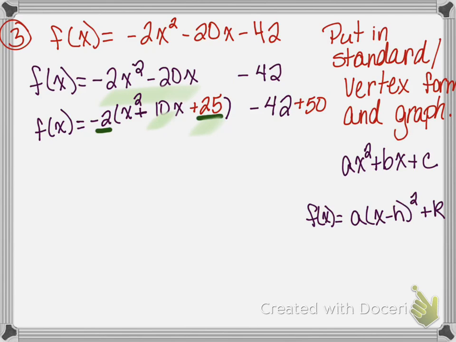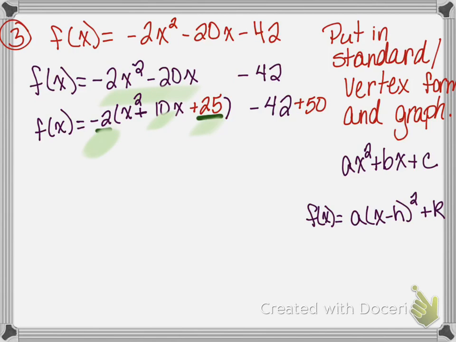Now, that 25, if I was multiplying everything out and simplifying it out, would have to be multiplied by negative 2 over here if I was simplifying everything. So I didn't actually just add 25. I added 25 times negative 2 to my function.